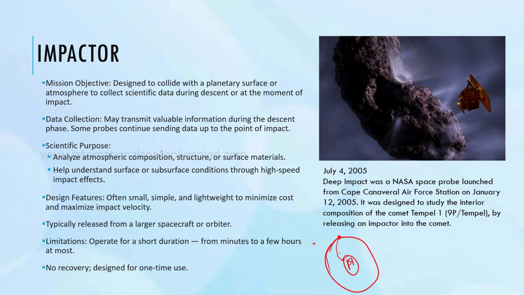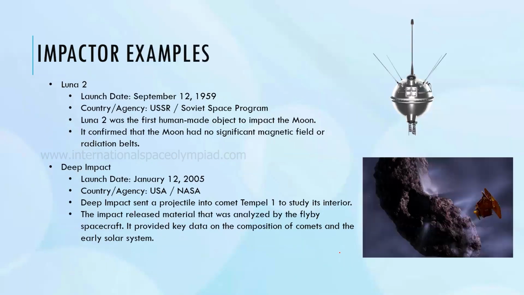Anyway, it is a suicidal mission regarding the impactor, but it is useful. There is no recovery, it's a one-time use thing. An impactor example is Luna 2, which was the first human-made object to impact on the Moon.